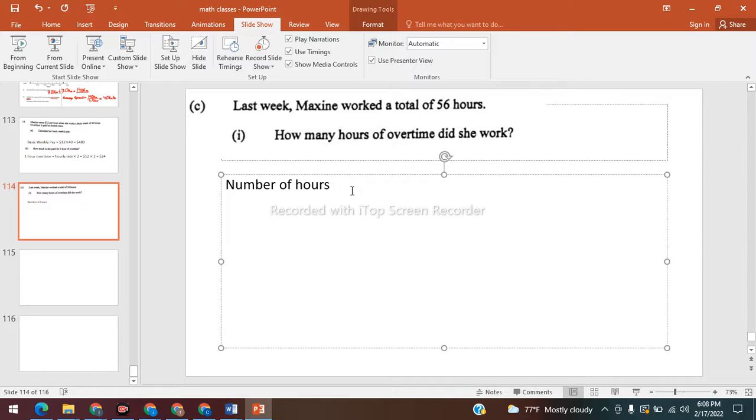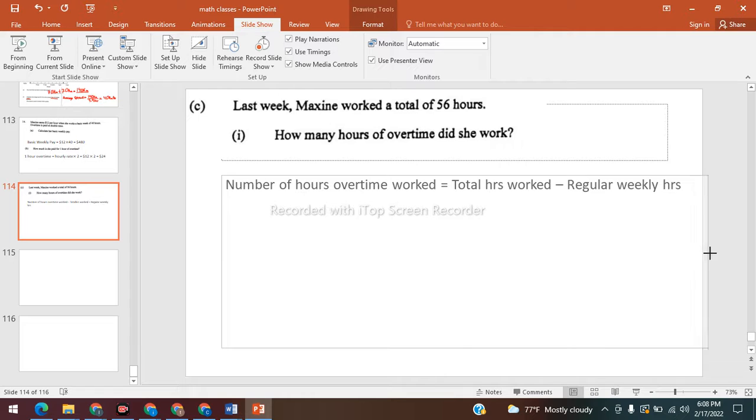Very good. So number of hours overtime worked would be equal to total hours worked minus regular weekly hours.